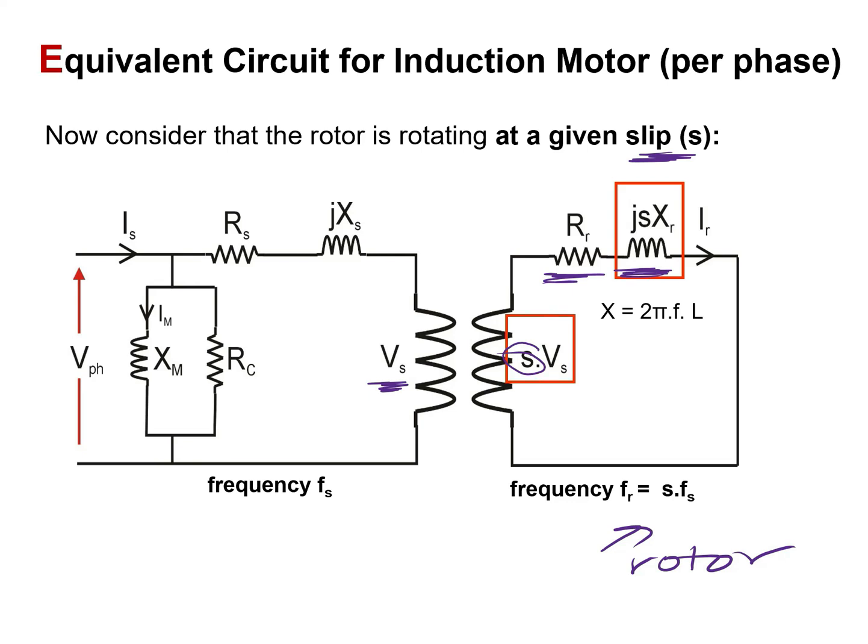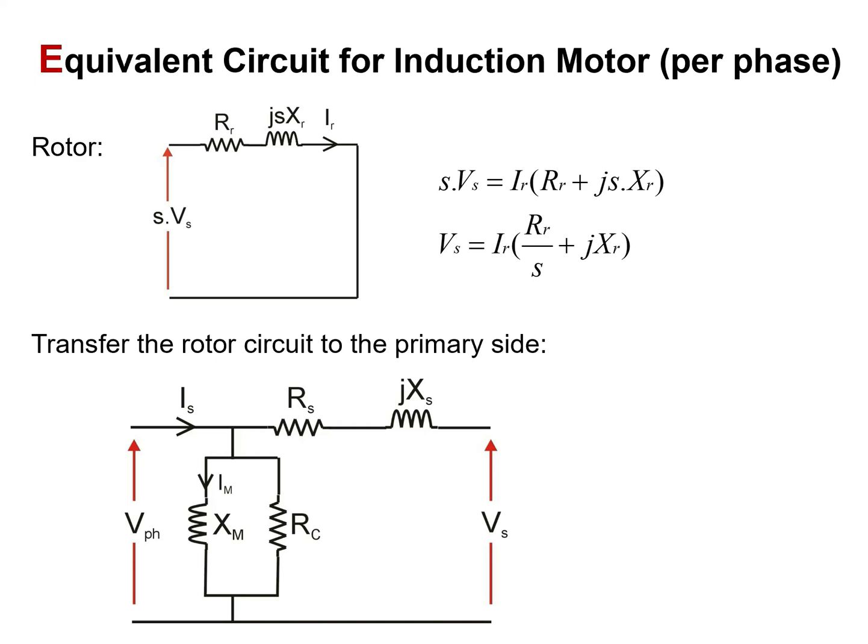Remember that the inductive reactance is related to the frequency, and this frequency is related to the frequency of the source. So we can say that the frequency of the rotor is equal to s multiplied by the frequency of the source. Now, having this information in mind, we will answer the next question, which is how to bring the rotor terminal into the primary or the input terminal.